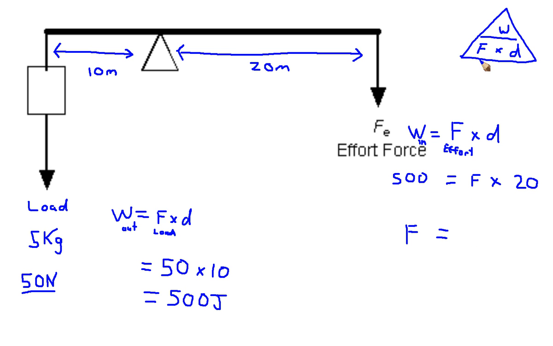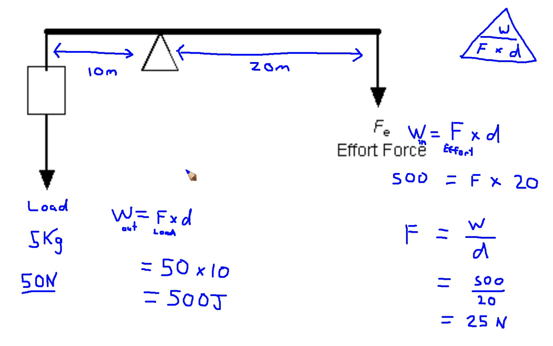So force is going to be work divided by distance. We know the work we're going to have to do: we're going to have to put in 500 joules, because that's what we're getting out on the other side, divided by our distance on this side, 20 meters. So the answer here is we need 25 newtons.